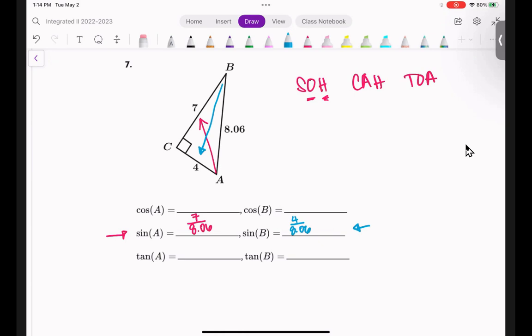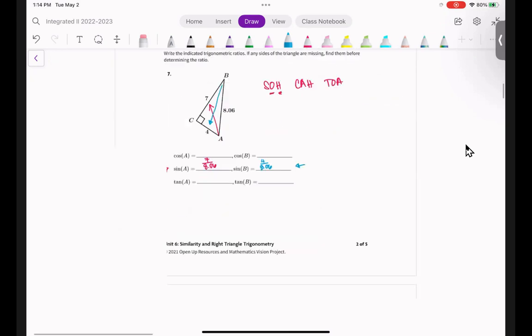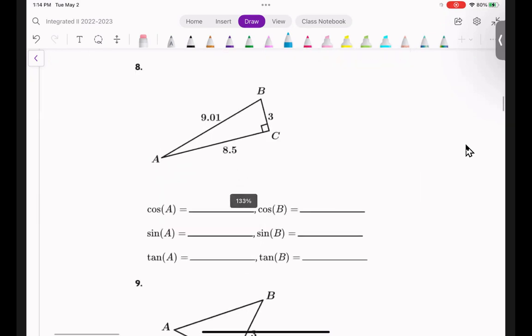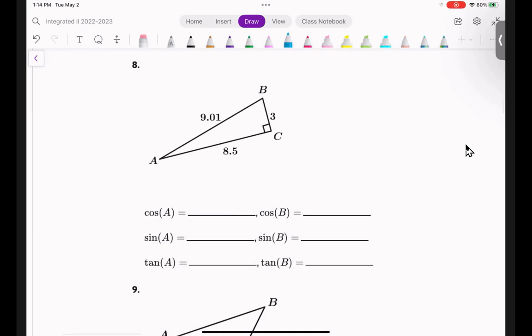Okay, let's practice one more time. You're going to find the sine of A and B. Find the sine of A, then find the sine of B. Yes, sorry, this is 6.7.